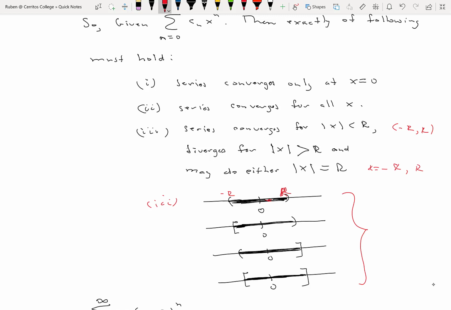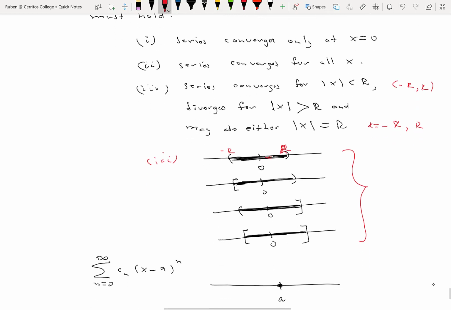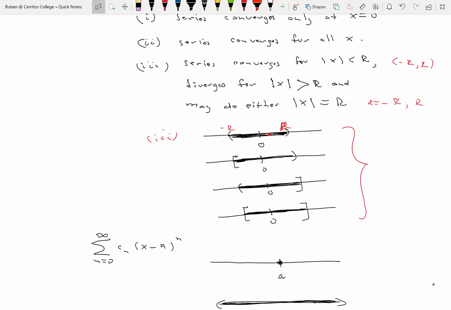But remember, we can also have general power series converging in an interval surrounding x equals a. If we shift the concepts of the power series centered at 0 to the right by a, then we get the same conclusion.